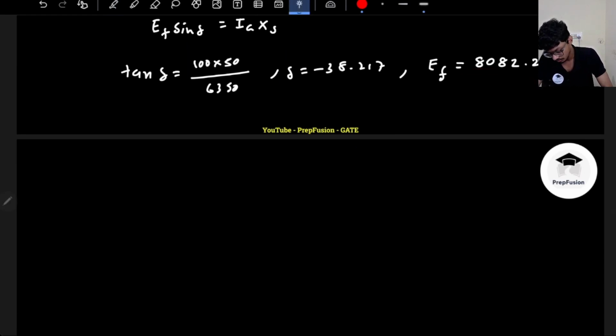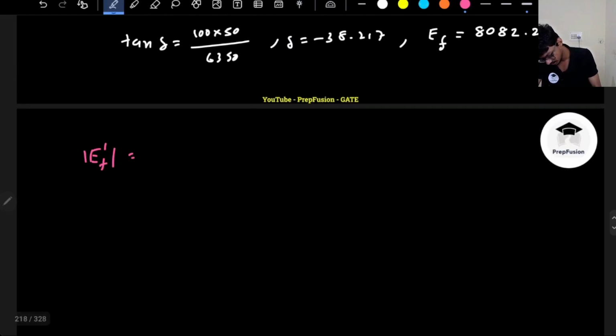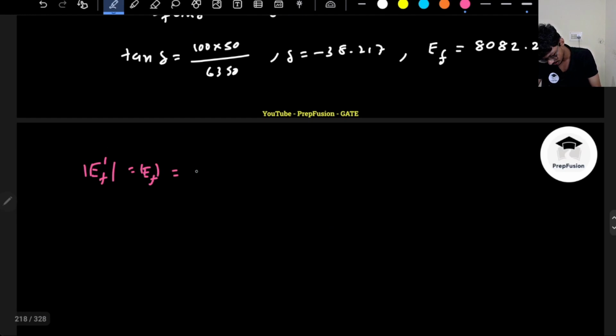I got EF, I got delta. In the next case, the magnitude of EF dash will be the same, EF equals EF only, that is 8082.